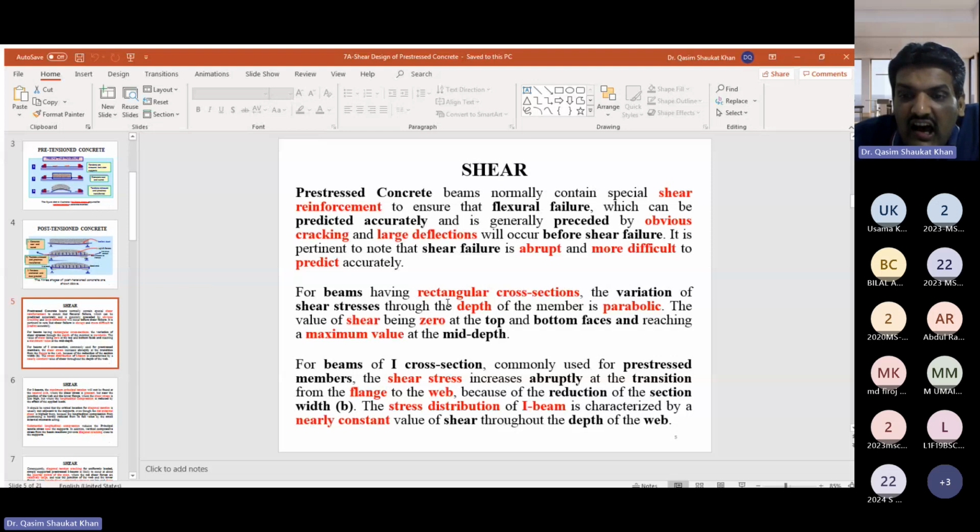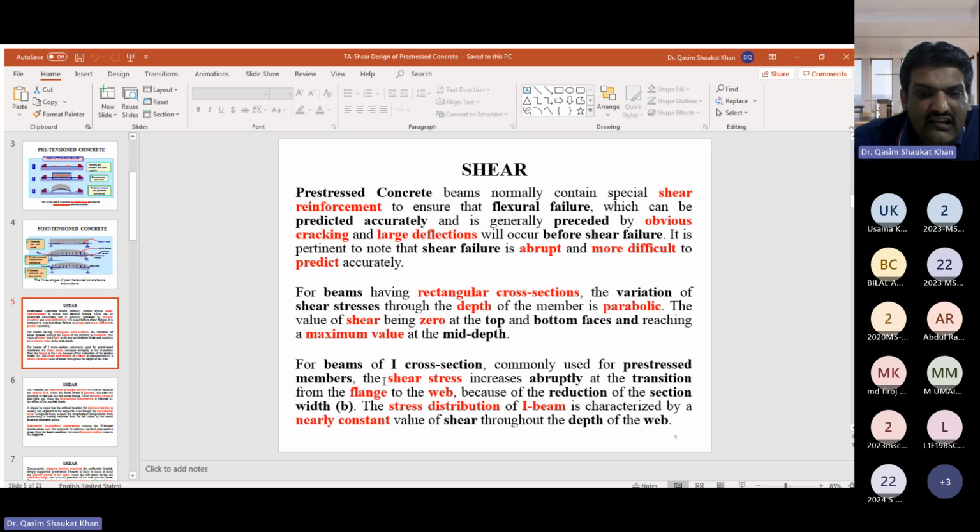Shear, on the other hand, the variation of the shear stresses throughout the depth is parabolic, and the shear stresses are maximum at mid height or at the neutral axis, and minimum at the top and bottom faces.